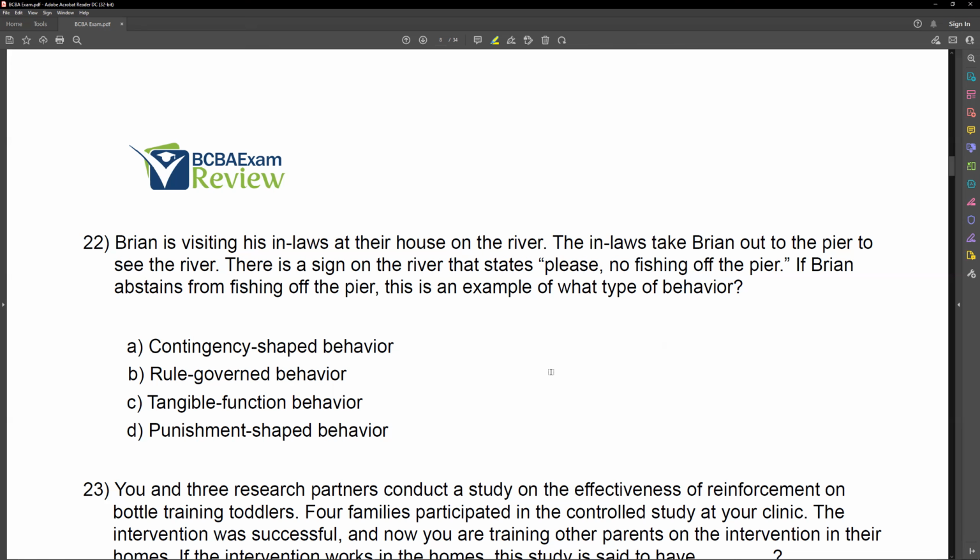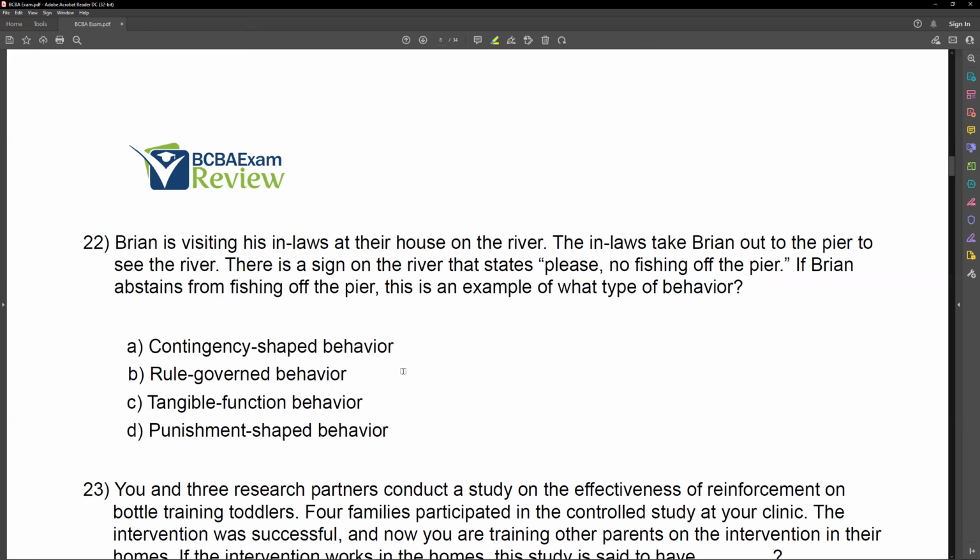In this case, Brian sees the sign, please no fishing off the pier, and abstains from fishing. Was there any consequence for Brian not fishing? No. The sign is simply a rule governing Brian's behavior. There's no contingency in place here, no consequence, no learning history. Brian sees the sign, abstains, and he follows the rule.